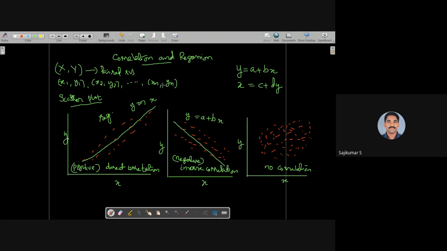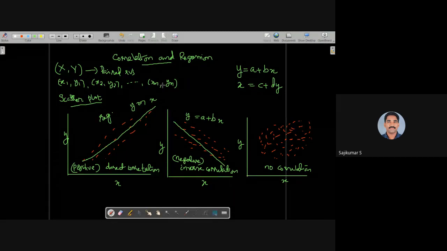And if there is a linear relationship between the variables, then we measure how much linear relationship there is. What is the degree of association? What is the strength of the linear relation between the variables? To measure the degree of linear relationship between the variables, we have a standard measure called the correlation coefficient.